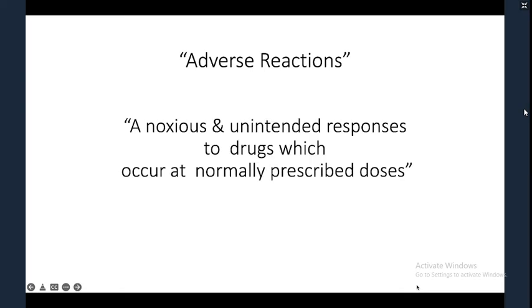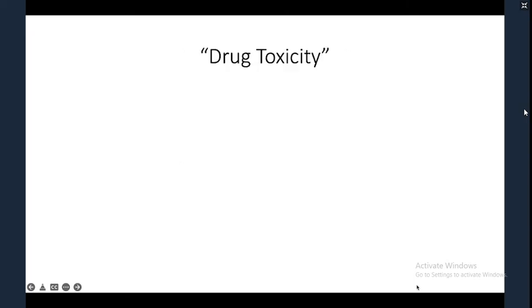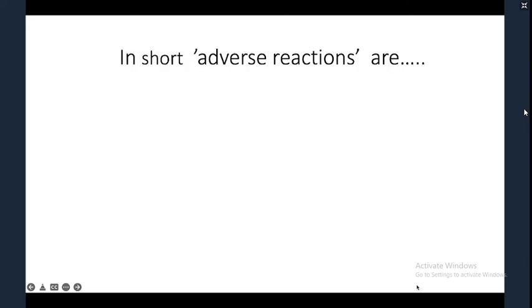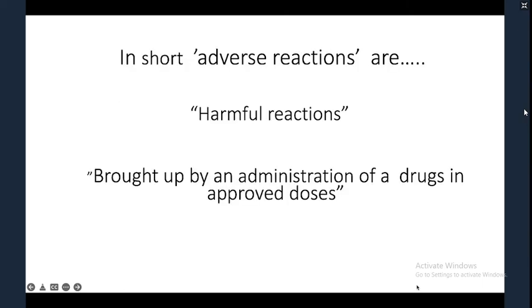First, definitions. Adverse reactions, basically, Dr. Danushka has given a definition of adverse reaction, and I will start with drug toxicity. Drug toxicity means deleterious or undesired effects of drugs when caused following administration of higher than normal doses.